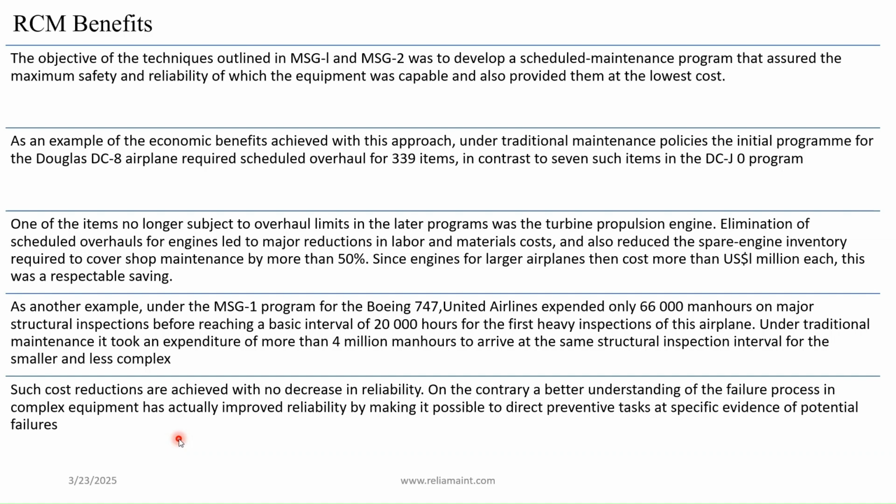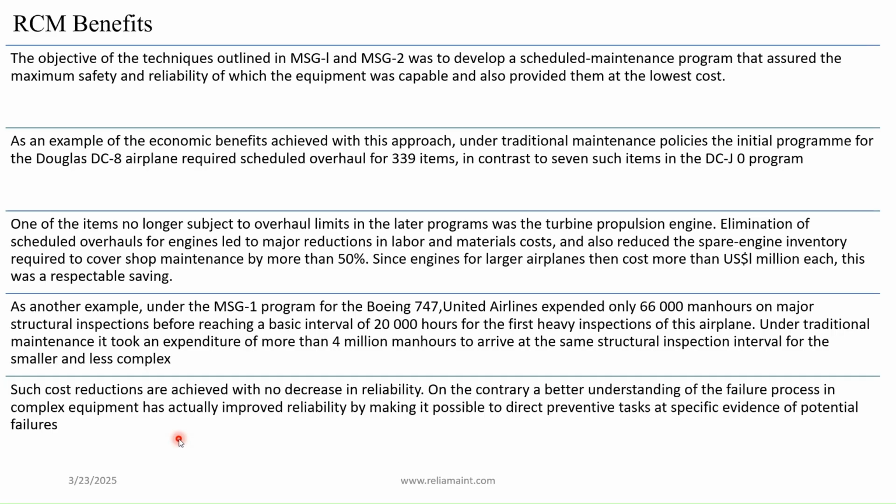Such cost reductions are achieved with no decrease in reliability. On the contrary, a better understanding of the failure process in complex equipment has actually improved reliability by making it possible to direct preventive tasks at specific evidence of potential failures.